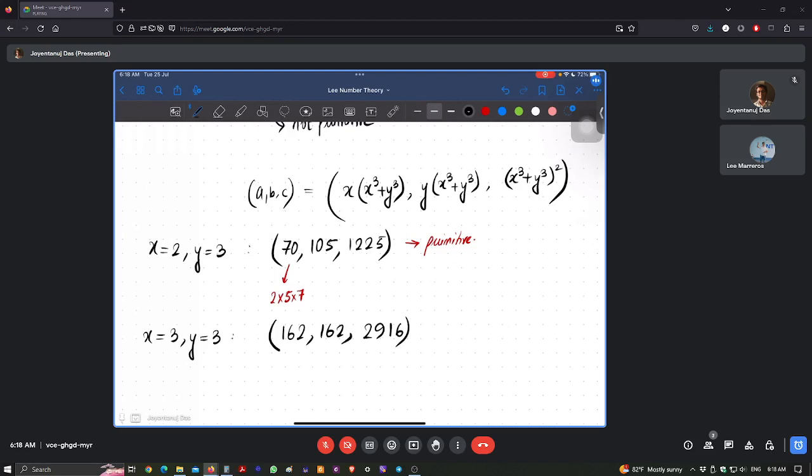Is it primitive? Can we factor out? What will be the factorization of 162? 9 squared multiplied by 2, so there is a 2 over there. That is 3 to the 4 multiplied by 2.